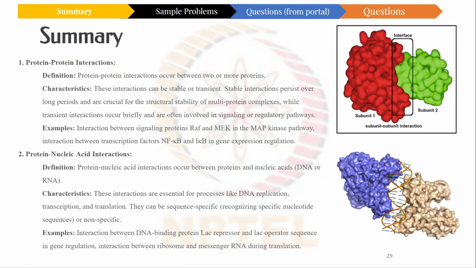Then we have protein-nucleic acid interactions, which are involved in binding of proteins to specific regions or sequences within DNA or RNA molecules, resulting in the formation of protein-DNA or protein-RNA complexes that perform diverse biological functions.